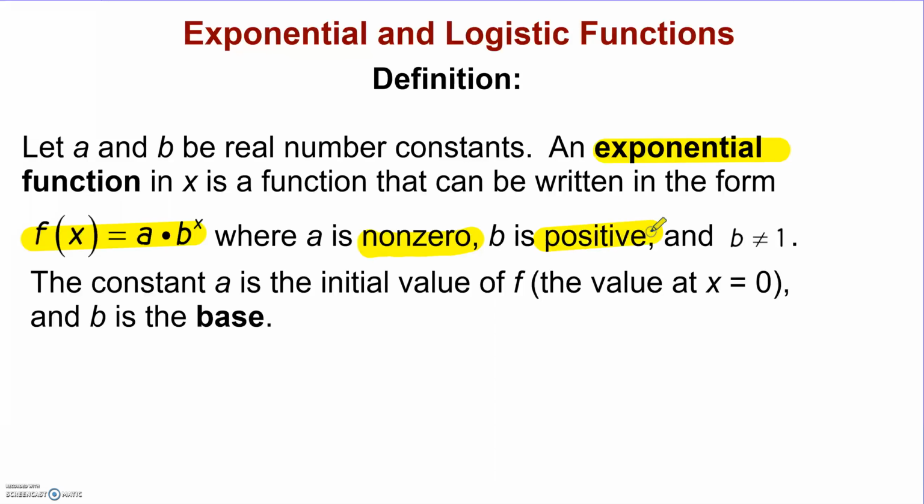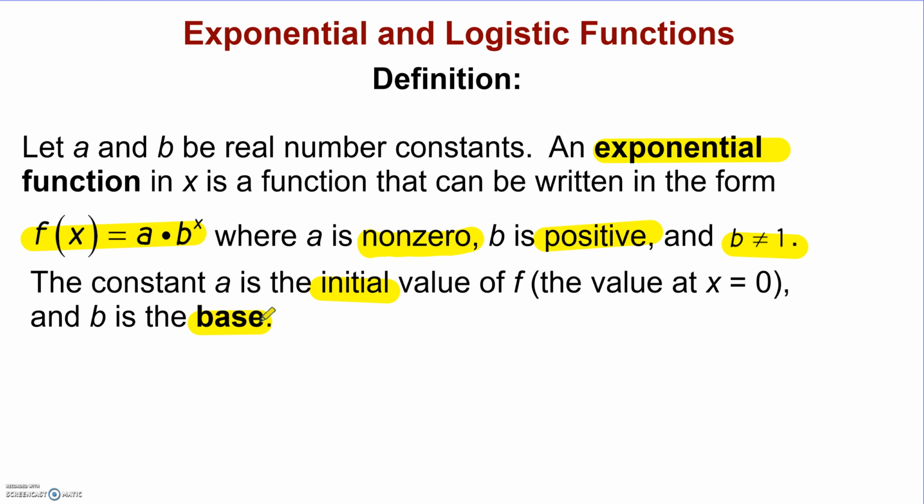B must be positive, and we'll talk a little bit later about why that is, and b cannot equal 1. The constant a is called the initial value of f. That's the value when x is 0, and b is the base.